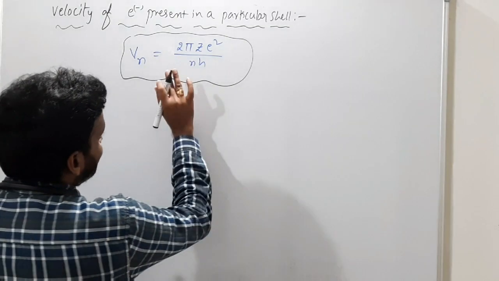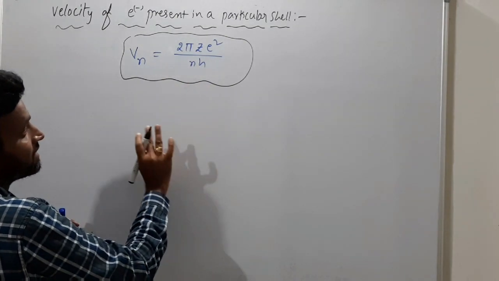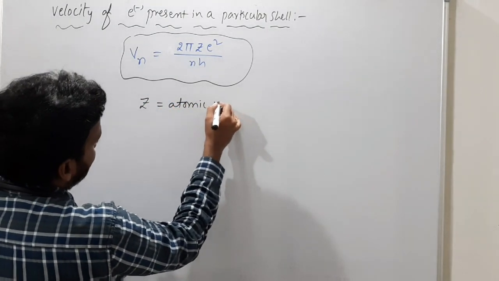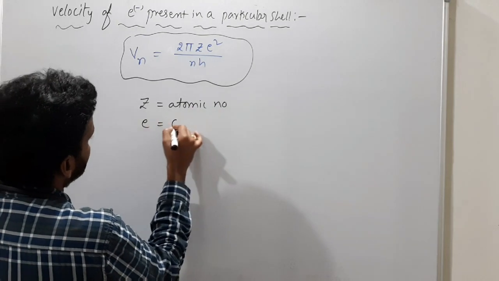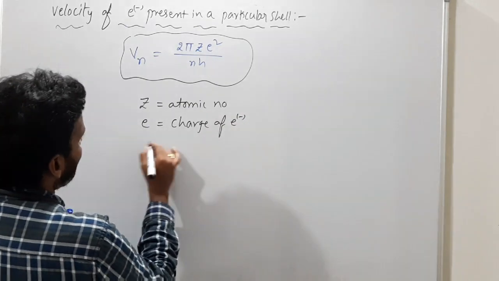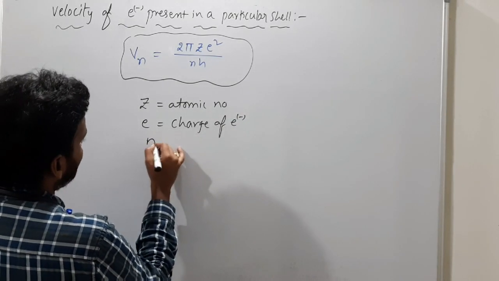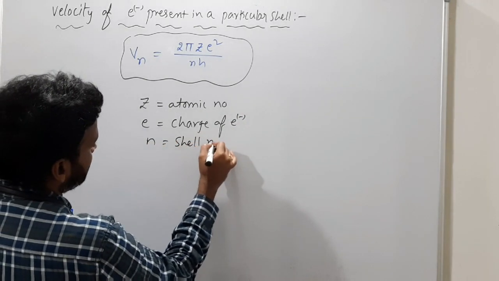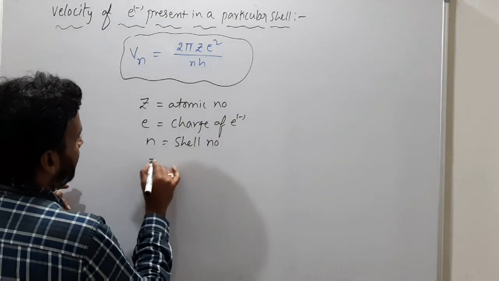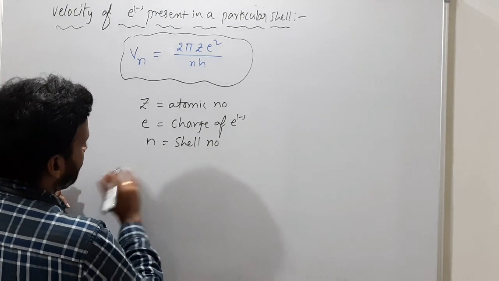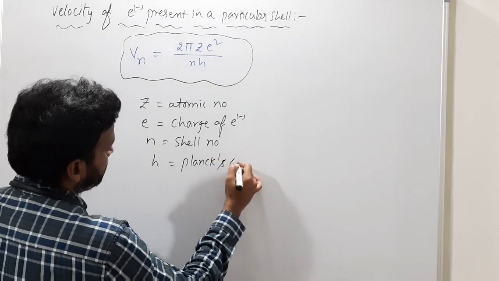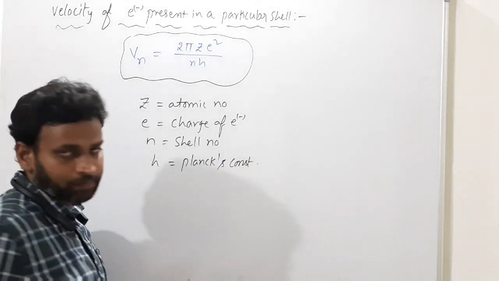This is the general formula, 2 pi z e square by nh, where z is the atomic number, e is the charge of the electron, n is the shell number, as usual you know, and h is Planck's constant.